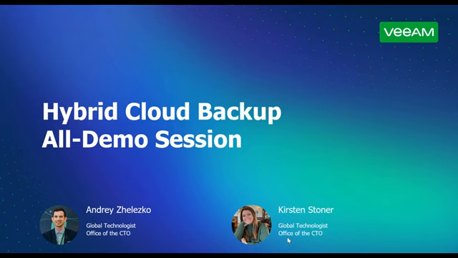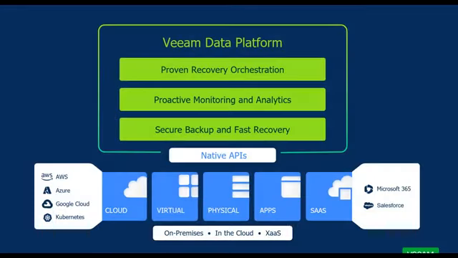But to start, let's just talk a little bit about what we mean by the Veeam data platform. And Veeam, of course, has had some pretty tremendous evolutions over the years. Most of us on this webinar have been here for a very long time. Kirsten and I started back in 2014. Version 7 of Veeam Backup and Replication was what was on the shelf at that time. And it's been really tremendous to watch the growth and change of what Veeam is trying to do for our end users.